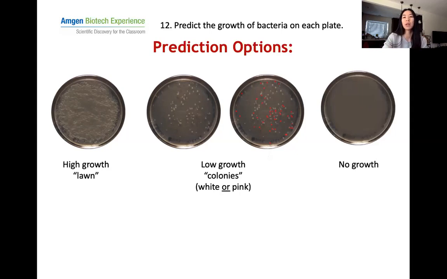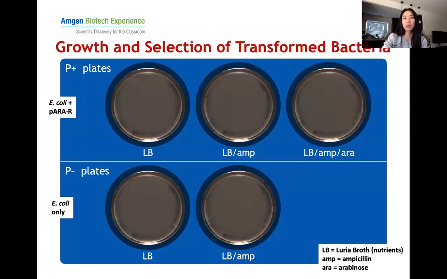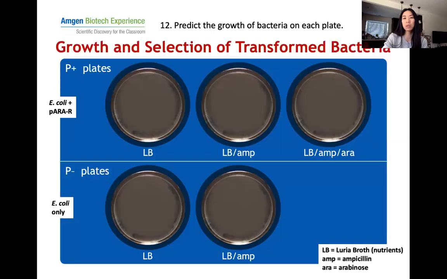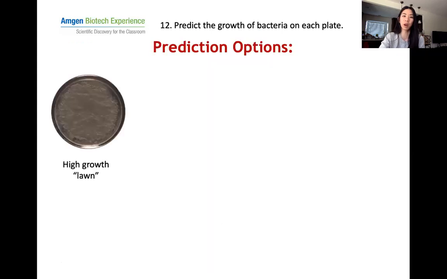All right, so going back to this one, and you can pause and go back and forth, I want you to sketch this out on your paper and predict how the bacteria will grow, either high, low, or none at all. And then, if there is low growth, whether there will be any colonies. So let me start you off.